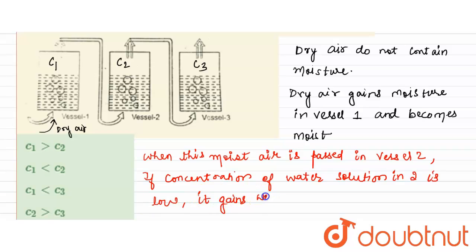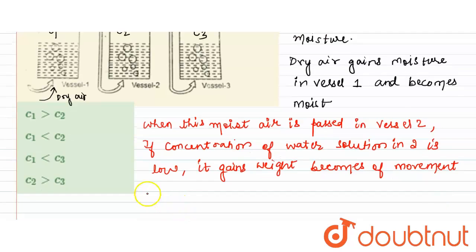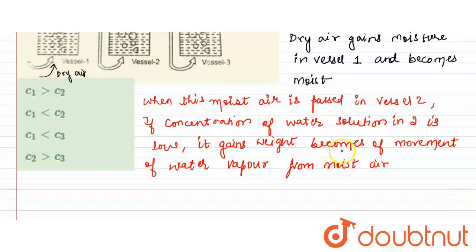It gains weight because of the movement of water vapor from the moist air, right? So that is how it gains weight. So if the concentration of water in solution 2 is low, you can say the concentration of solute in 2 is high.